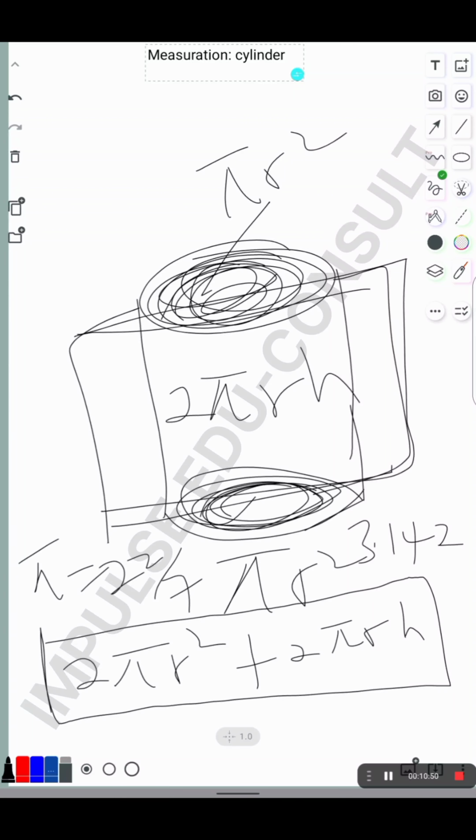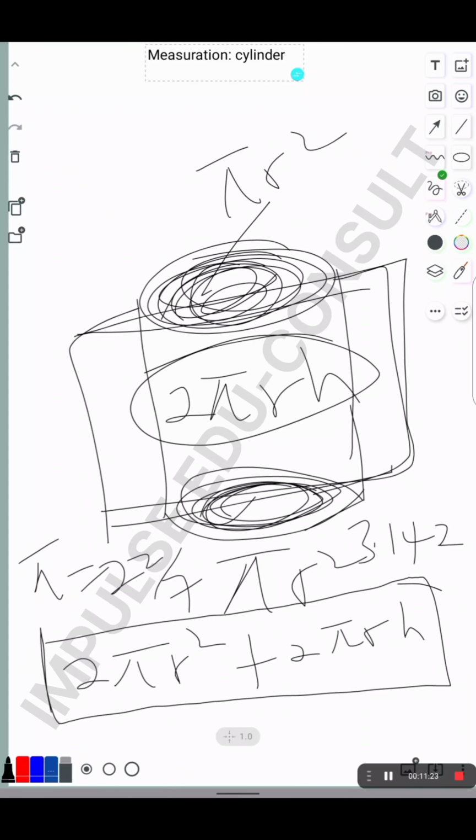Are you with me now? So that is how you get the area of a cylinder. The curved surface area of a cylinder is the same thing as the area of a cylinder open at both ends, which is 2 pi r h.